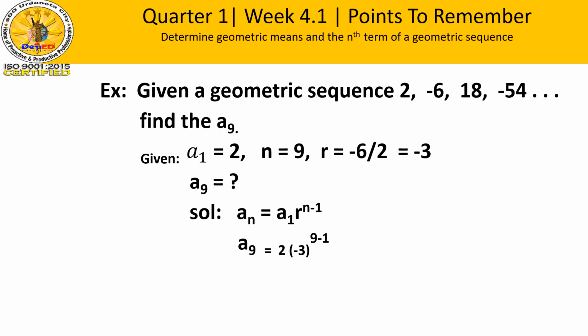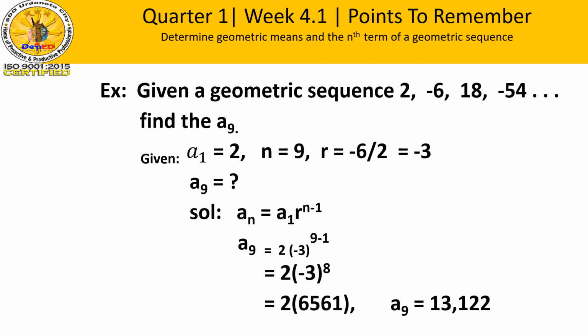By substituting the values, we have a sub 9 is equal to 2, the a sub 1, multiplied by the ratio negative 3 raised to 9 minus 1. By simplifying, 2 multiplied by negative 3 raised to 8, where negative 3 raised to 8 is equal to 6,561, multiplied by 2, then we have a sub 9 is equal to 13,122.